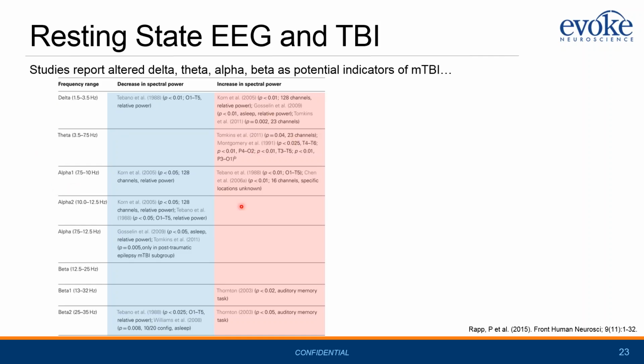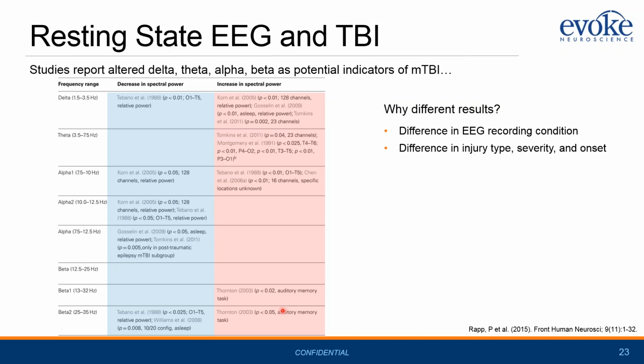Some studies showed increased power for these different frequency bands. So there are different results going on, and really what should we be paying attention to? Are these reliable? Really the difference between these EEG recording conditions could be giving us these different results.